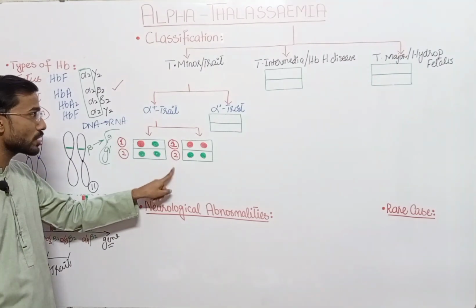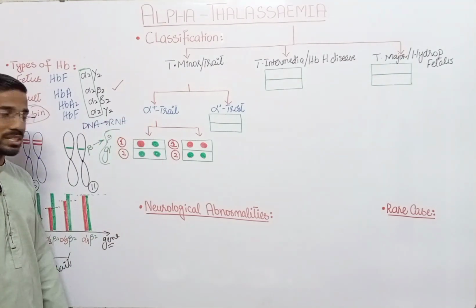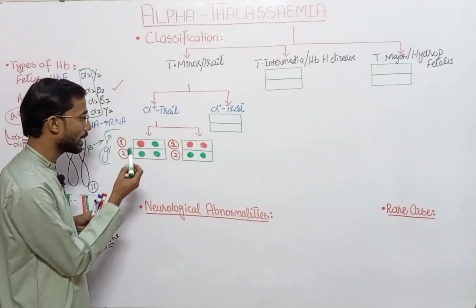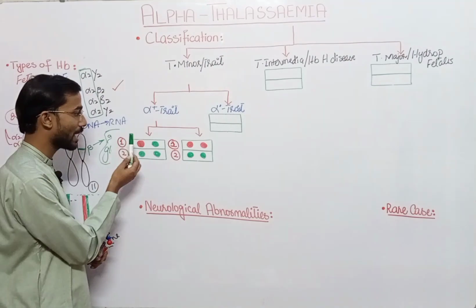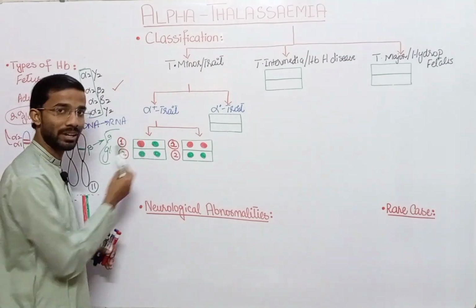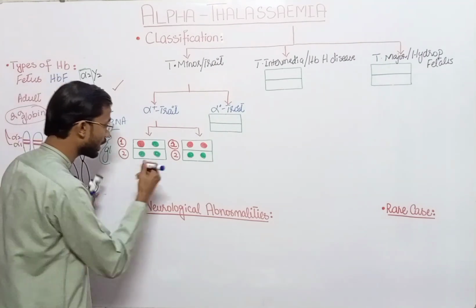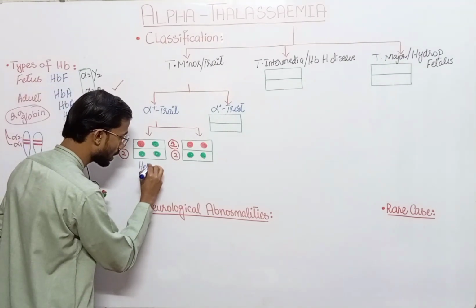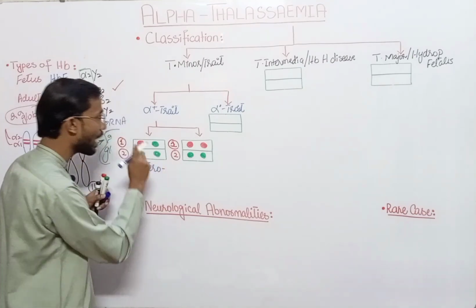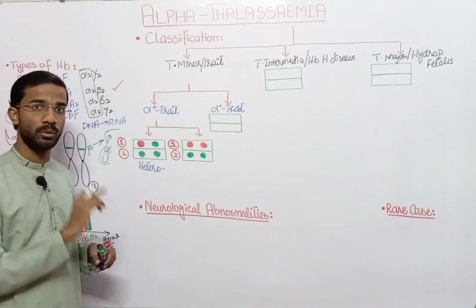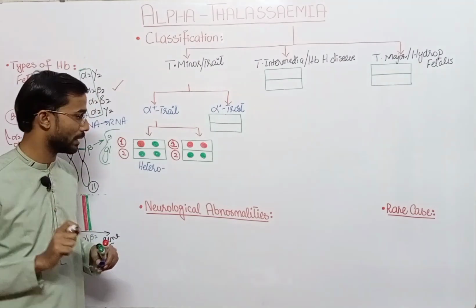So this also falls in the alpha positive trait. But in the first situation, you see the alpha 1 gene has two alleles, one defective and one normal. This is a different case. So on the basis of this we call it hetero alpha positive trait, in which both the alleles are different. One is normal and one is abnormal.